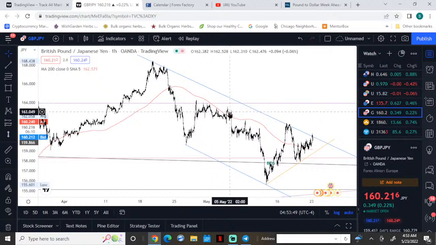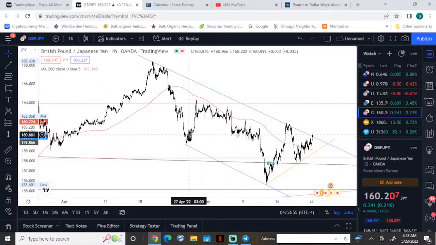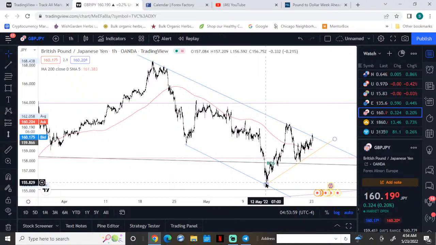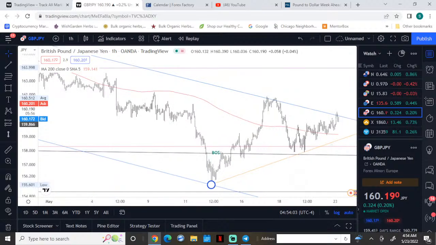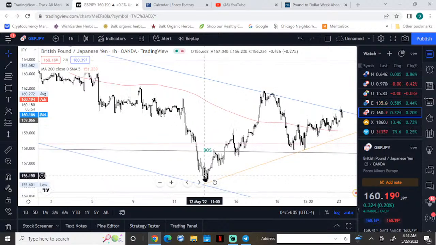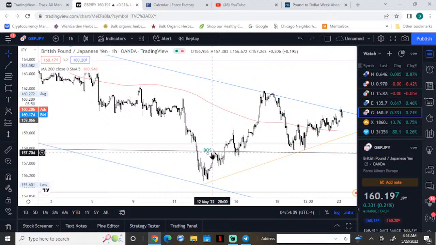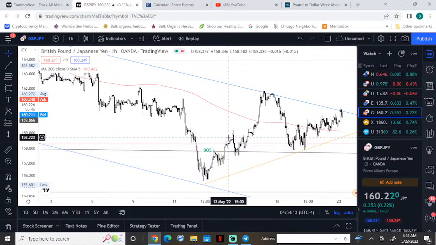Got some equal lows right here, and then we got a higher low because it's not below this low. We played around. Now we have a lower low, right? So this is our most recent lower low. Now we got a lower high. We got a higher low, and now we have a higher high, right?